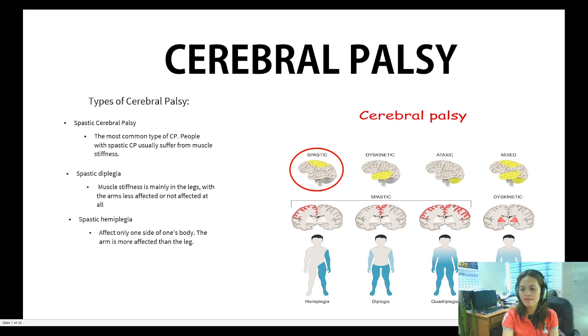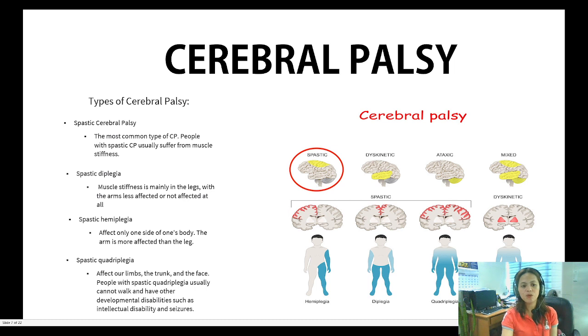It affects only one side of one's body, and the arm is more affected than the leg. And lastly, the spastic quadriplegia. It affects our limbs, the trunk, and the face. People with this type of palsy usually cannot walk and have other developmental disabilities such as intellectual disabilities and seizures.